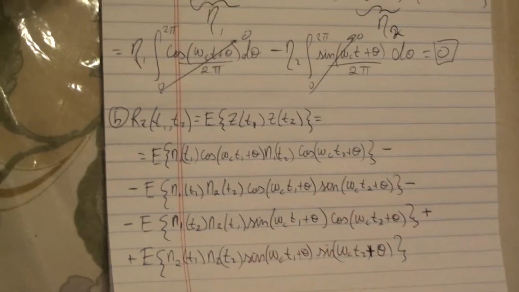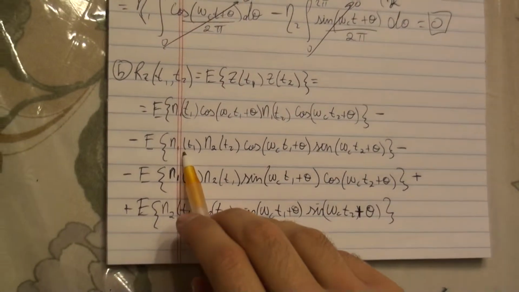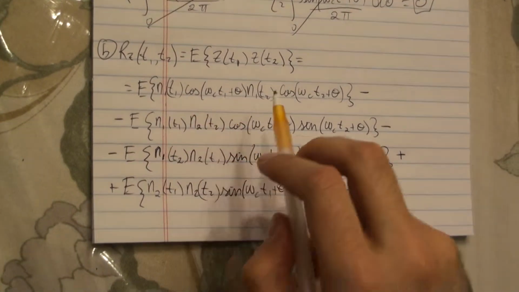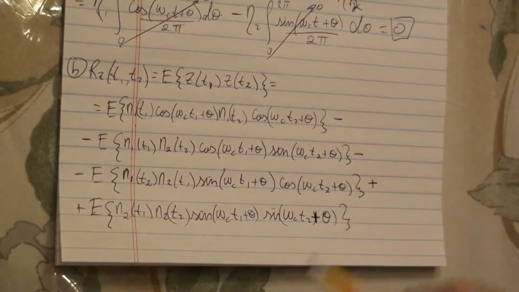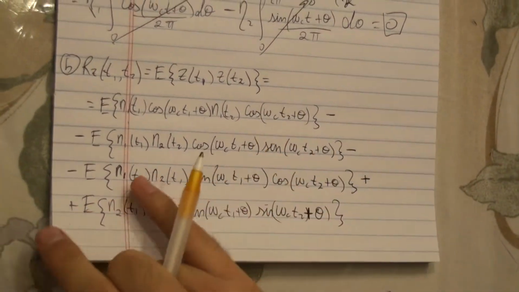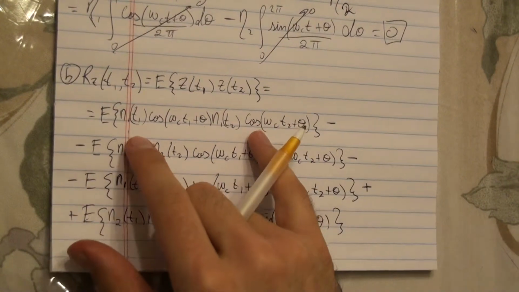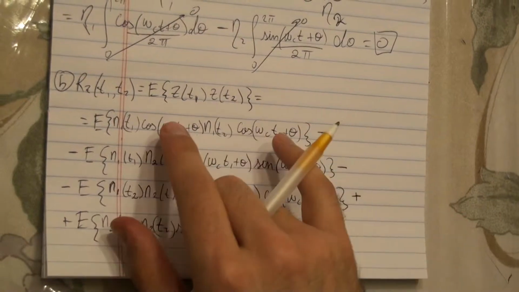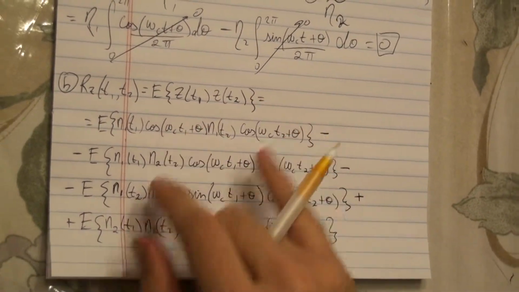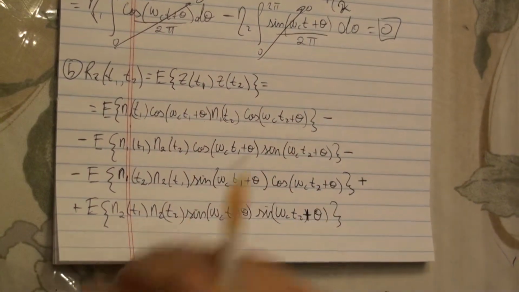Alright, because we know that N1 is independent from theta and N1, N2, and theta are independent, we can separate this term into expected value of N1 T1, N1 T2 times expected value of the cosines, and you could do the same thing for the other terms.